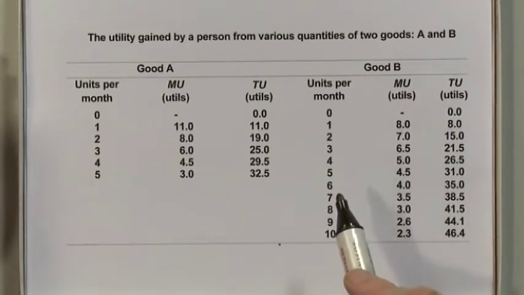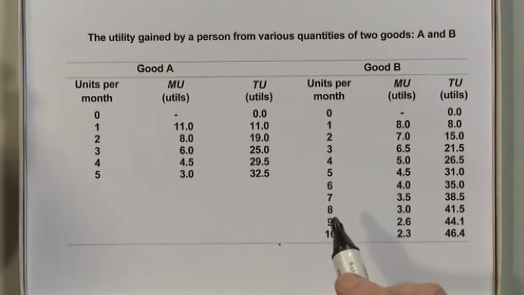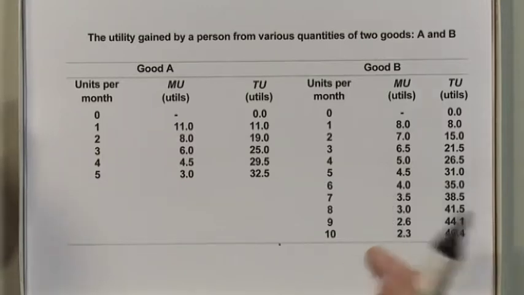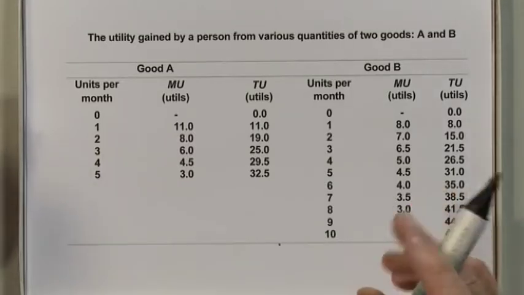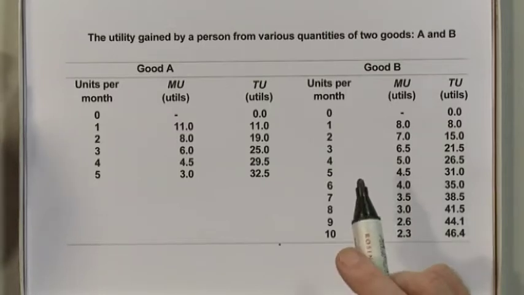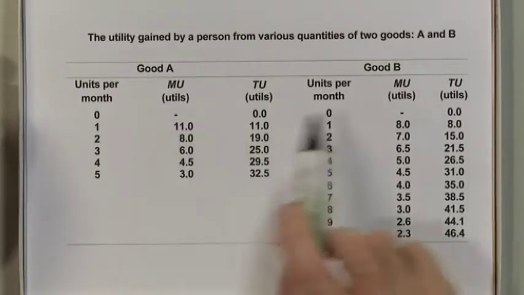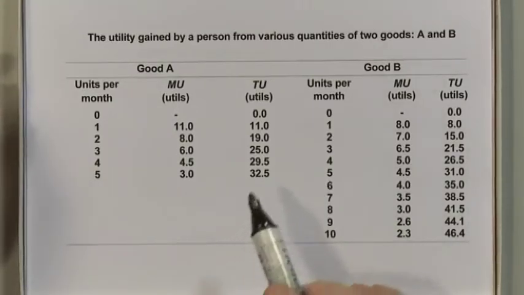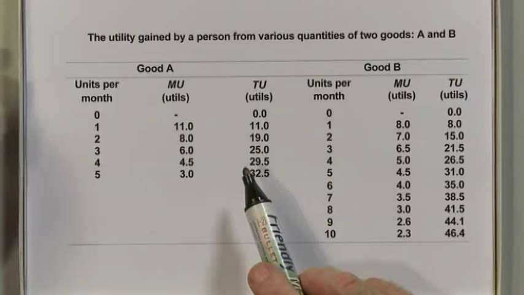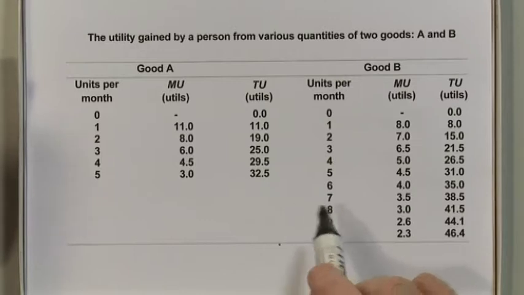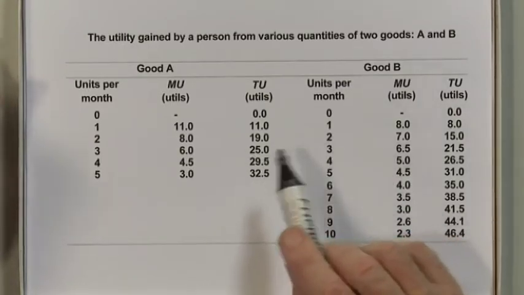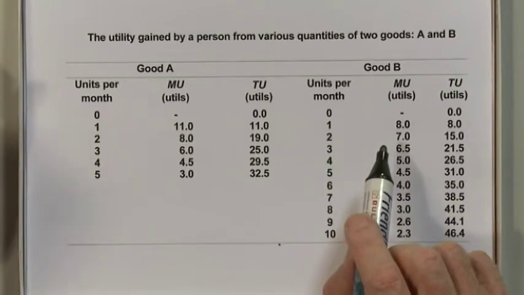But I'm going to make some assumptions now, and the assumption I'm going to make is that you only have 10 pounds, euros, whatever, 10 euros a month to spend that you can allocate between good A and good B. And I'm going to assume that the price of A is 2 and the price of B is 1. How would you allocate your expenditure to maximize your total utility?